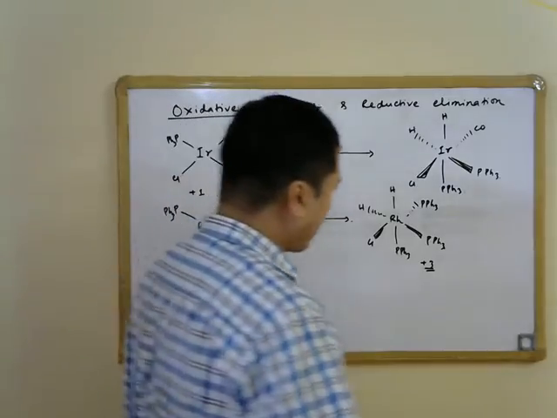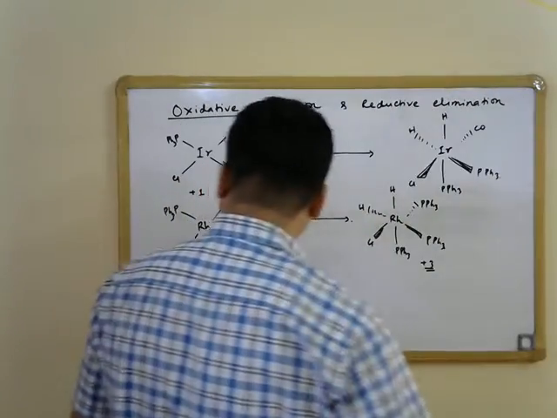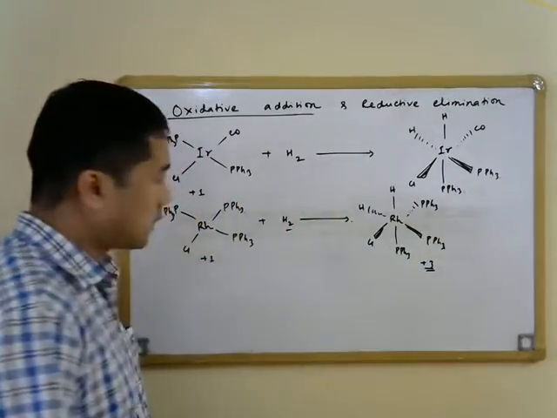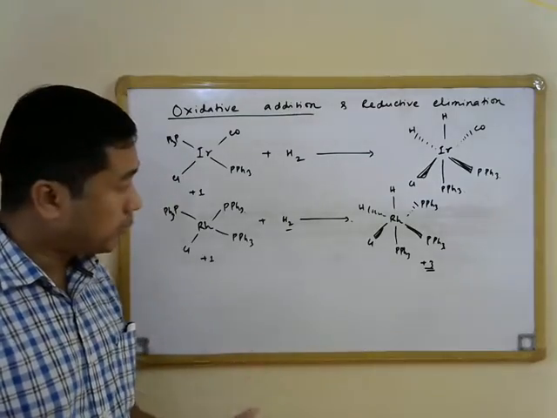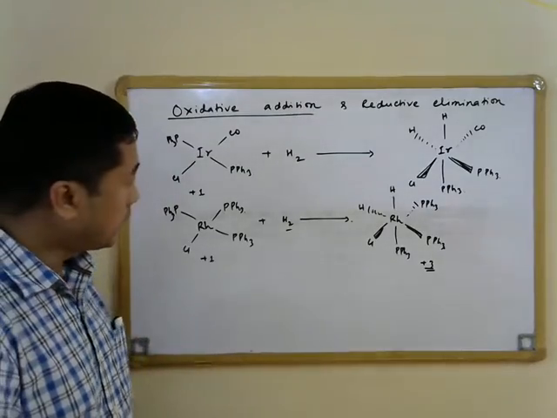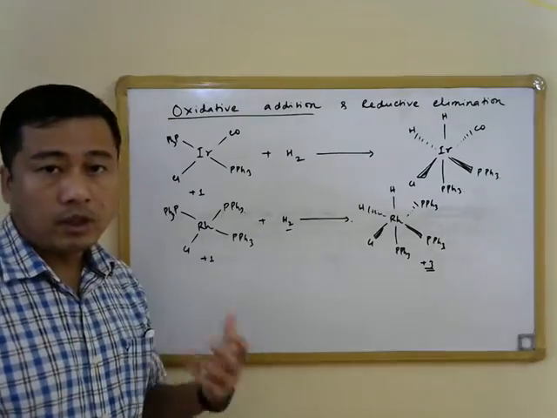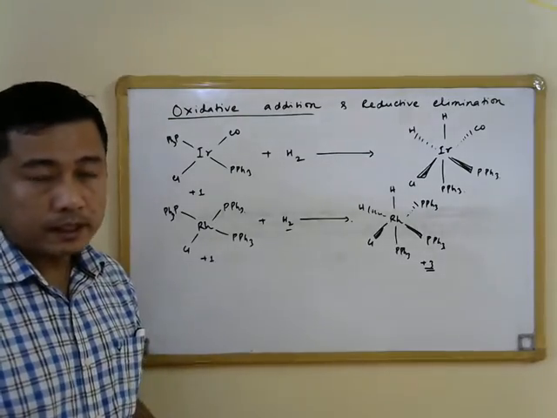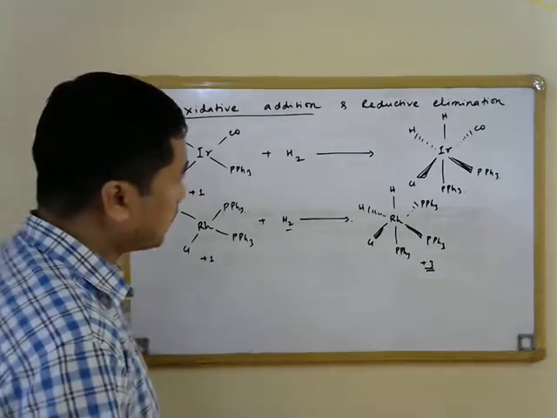Then another important reaction where oxidative addition happens during the catalytic cycle is during the conversion of methanol to acetic acid by the Cativa process.